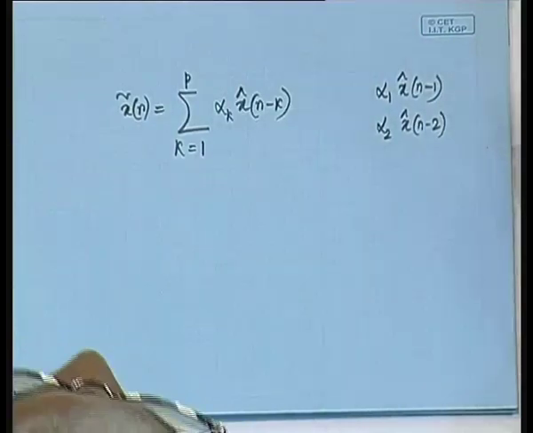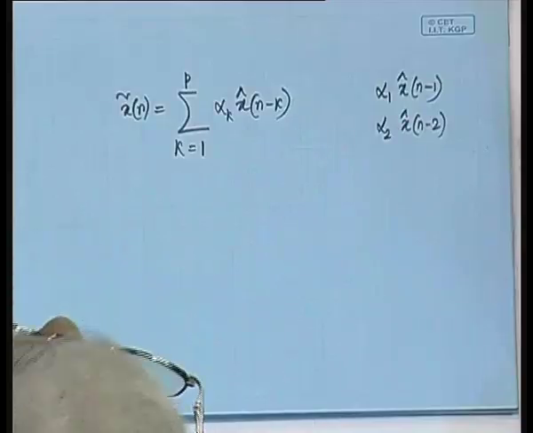It means we are taking contributions only up to p past samples. For practical purposes, there are many systems where the value of p is chosen to be quite small. In fact, you will find systems designed with p equal to 2 for speech, which means taking the contributions of only 2 past samples.